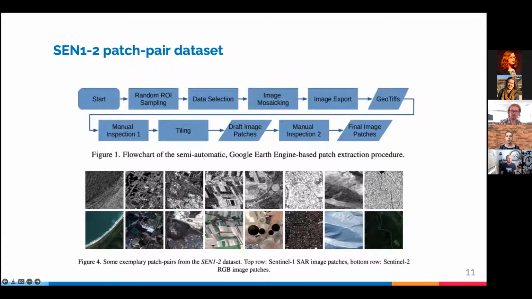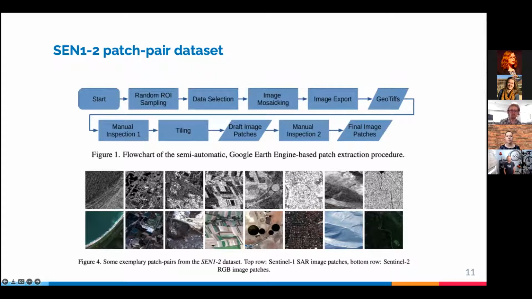And this is a pre-existing published dataset of remotely sensed imagery, and it contains over 280,000 patch pairs of spatiotemporally co-located Sentinel-1 SAR and Sentinel-2 optical imagery patches to support novel deep learning approaches, including image-to-image translation between SAR and optical imagery. So in this thesis, the patch pair approach to generating a training dataset of co-located images will be extended to my satellite data sources of thermal and optical imagery.